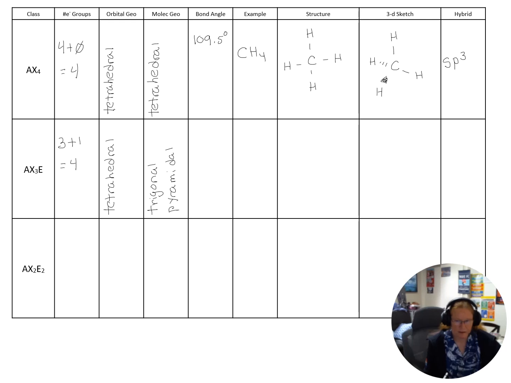Okay. Now remember, those lone pairs squish that bond angle in, so that's where we get our less than 109.5 degrees. Okay, I have 2 dots there for some reason. That's better. All right, we'll do ammonia.